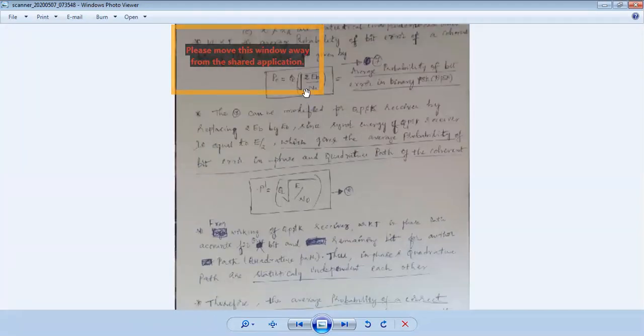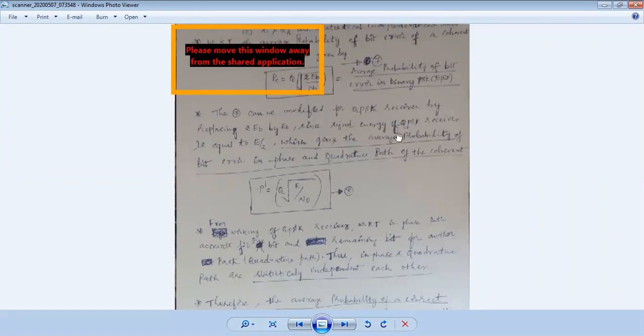That means QPSK consists of two BPSKs. Look back here. This is P1, the in-phase path, P is equal to Q of square root of 2 E_b divided by N0. For the QPSK receiver, replace 2E_b by E_b, since the signal energy of QPSK is equal to E by 2. See, this is for one path. So look back, the QPSK will have two phases.